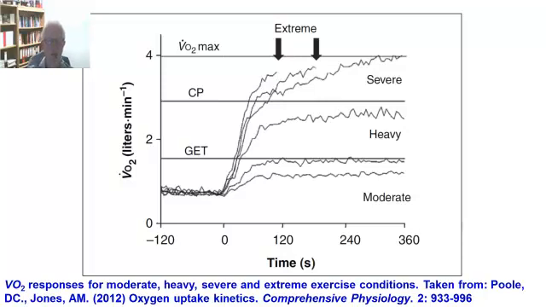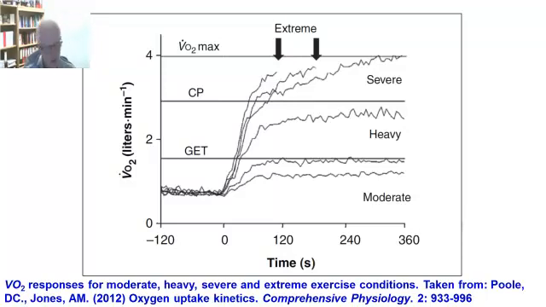Now, for the purposes of today, let's just refer to critical power as being around about, it's not, but it gives you an example, 90% VO2 max. What critical power actually represents is the highest exercise intensity that can be sustained without eliciting VO2 max. Let's say that again. Critical power is the highest exercise intensity that can be sustained without eliciting VO2 max.